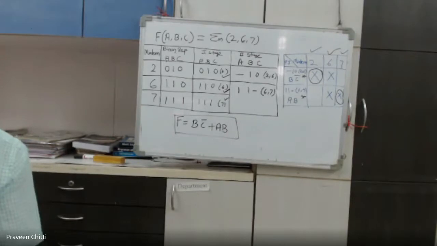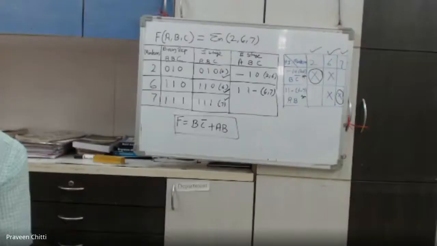With the help of this example itself, try to explain what the Quine-McCluskey method is. In fact, this is a very important method, a compulsory 10 to 12 marks question you are going to get in your exam also. Yes, Shreya, just explain in brief. So first we need to write the min terms which are given, and then the binary representation of those min terms. And then we should arrange those min terms by the number of ones.